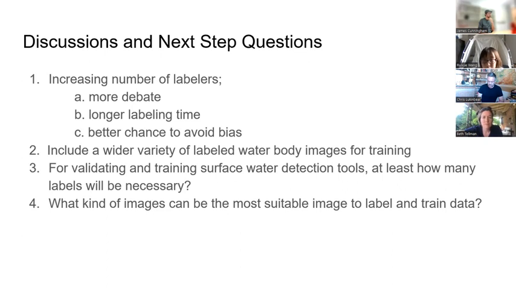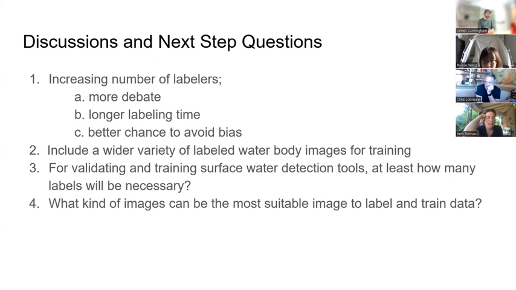But still, we had lots of discussions and debate for some chips, especially chips that have very shallow water, or chips that are really narrow, or which chips we should use or which we should drop. I'm pretty sure if we increase the number of labelers, we will have more debate on this, because everybody probably has their own understanding of each satellite image, and I guess we will have much longer labeling time.